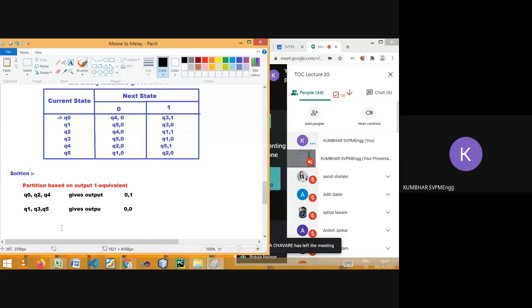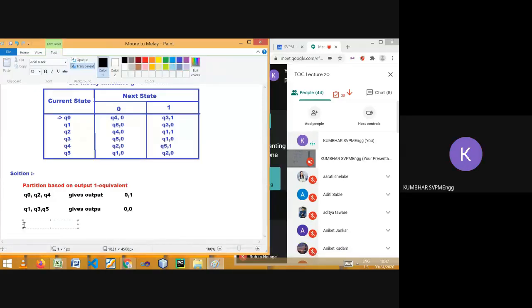Therefore, I can't draw that sign, so I am writing. Therefore, the first partition P1 will be Q0, Q2, Q4 and Q1, Q3, Q5. So this is the 1 equivalent partition we will get. So we have followed step 1 and 2.